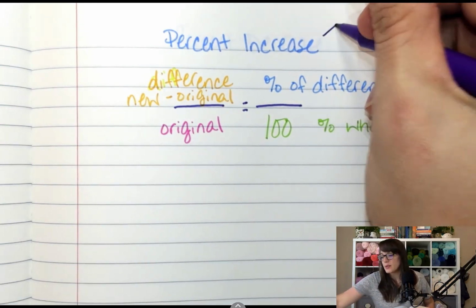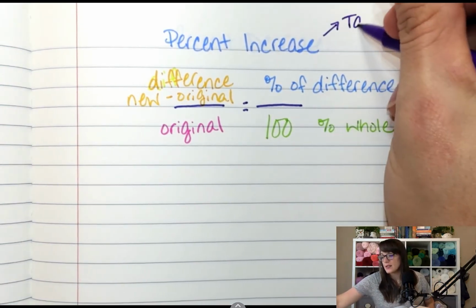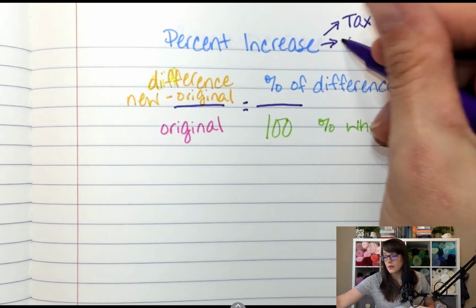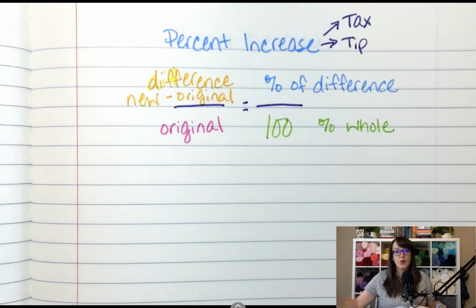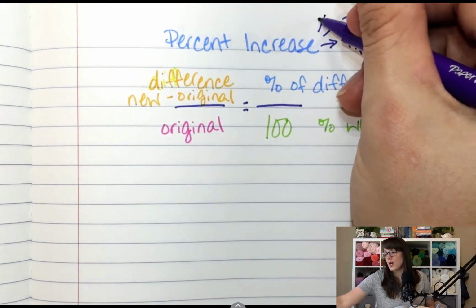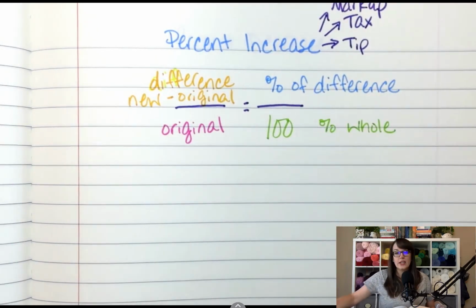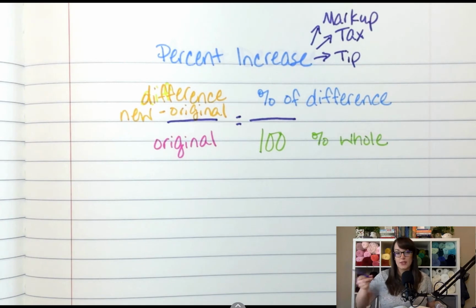If you go out to eat, a tip is something that you would add to the price. A markup. If you increase the price of something, like I want to sell you this pen for more than I paid for it, that's a markup. There are other examples. We'll stick with those.